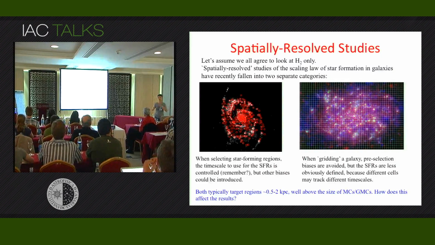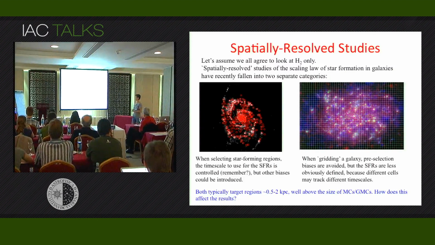Those regions tend to be in the typical size range of half a kiloparsec to roughly 2 kiloparsecs, which is well above what you would consider a comfort value for isolating individual clouds. Within these limitations, there have been two main approaches. The picture on the left-hand side is M51, on the right-hand side is another galaxy, NGC 7793, but it's irrelevant for this discussion which galaxies we are actually looking at.